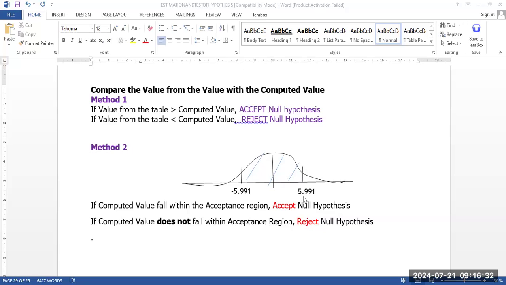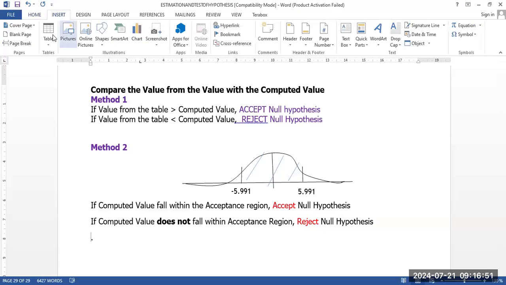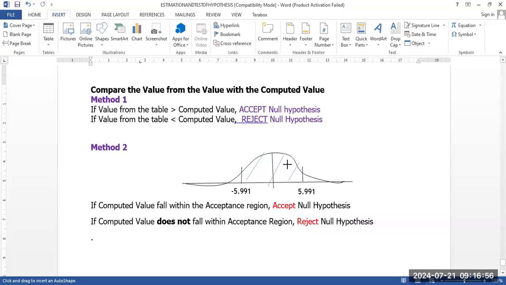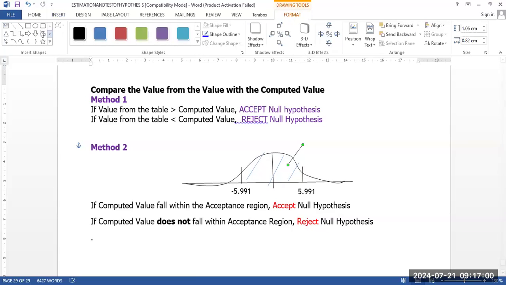Okay. So this is your critical value. We said critical value is that value that separates rejection region from acceptance region. So here it is separating this side.